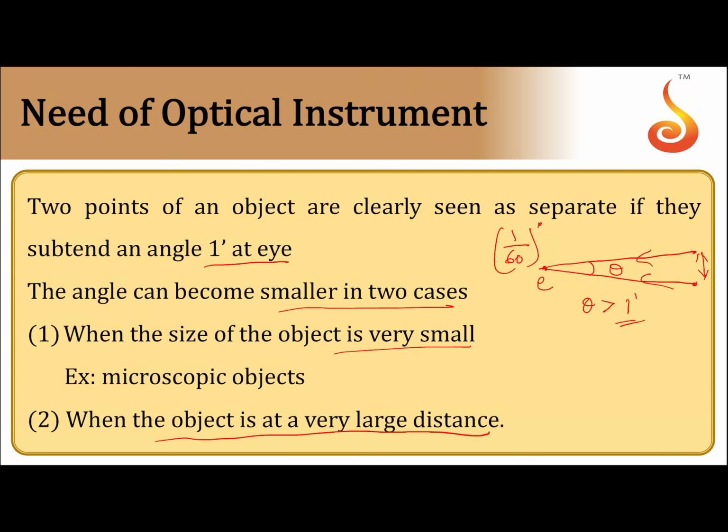By increasing the distance between object and eye, you can decrease this angle. So bringing the objects closer gives rise to the need for a microscope, and moving the observer far away from the objects gives rise to the need for a telescope.